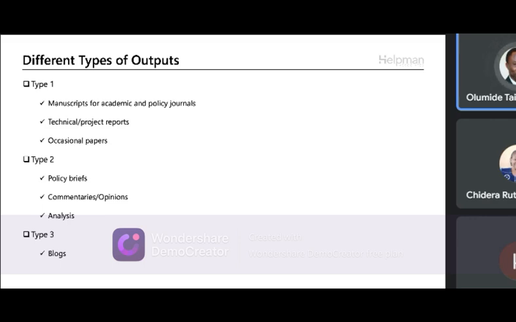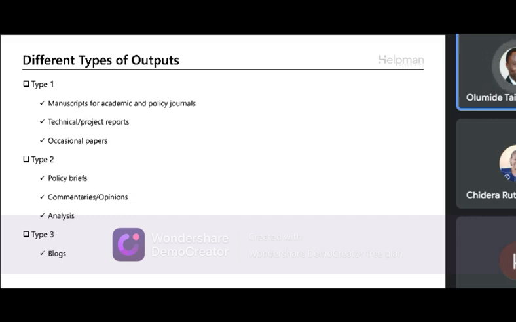Commentaries and opinions are opinions from people who know the terrain very well, showing your opinion on something, reacting to a topic, to an issue. The think tanks do that a lot. Policy think tanks react to every issue that's coming in policy, in government, in economy, in society, and they react with opinions based on the experience they have had.